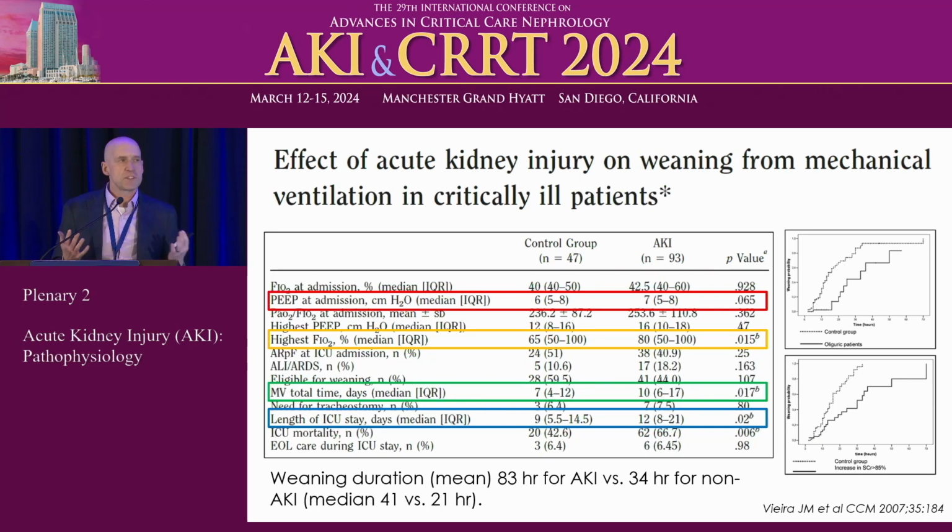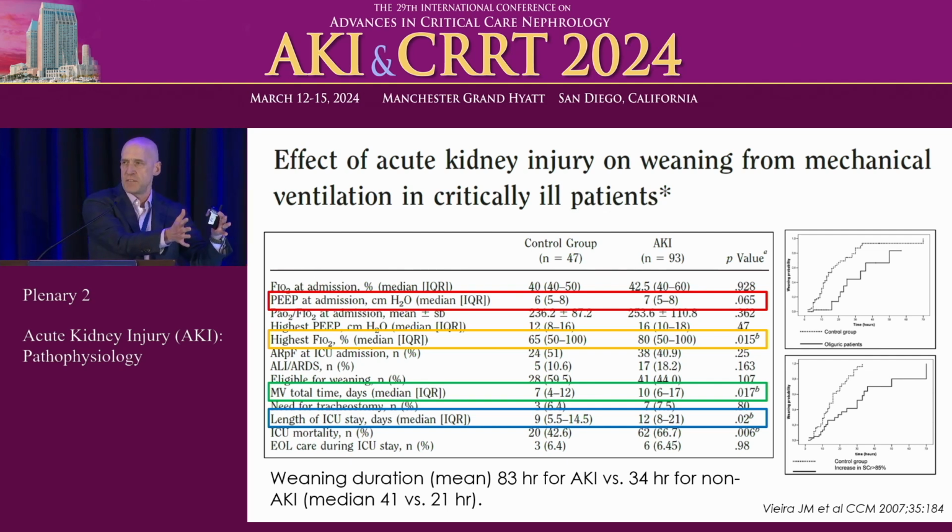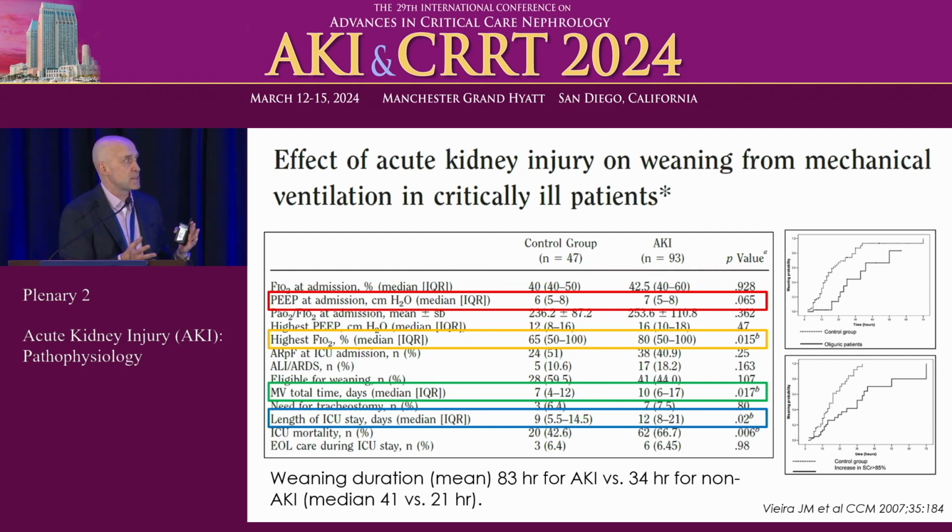Once we place a patient on a ventilator, we are probably worried about getting them off the ventilator. And this was an elegant study done by a colleague of mine in Brazil, Jose Wara at Syro-Lebanese. They really looked at the interaction between those who are receiving mechanical ventilation, developing acute kidney injury, and the weanability, if you like, the ability for us to get them off the mechanical ventilator.